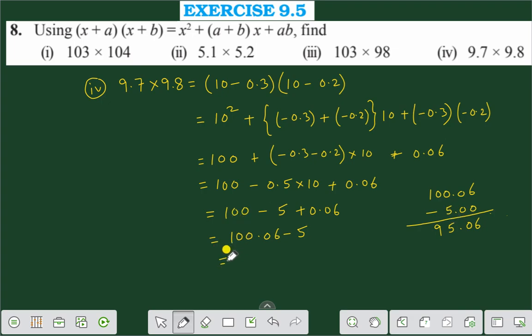Therefore, we are getting 95.06, and that is the answer of question number 4.